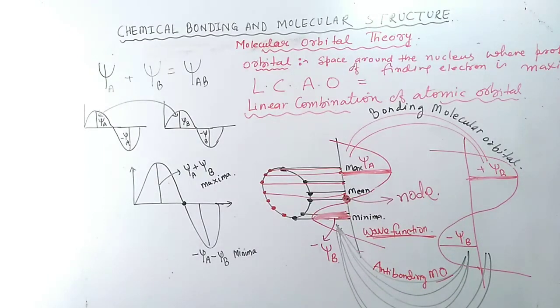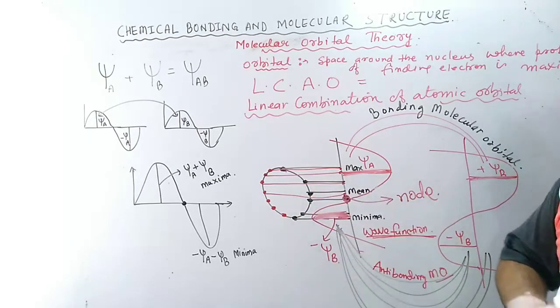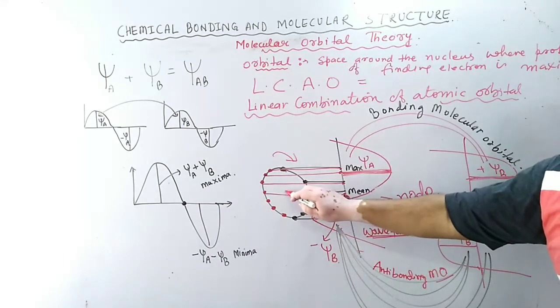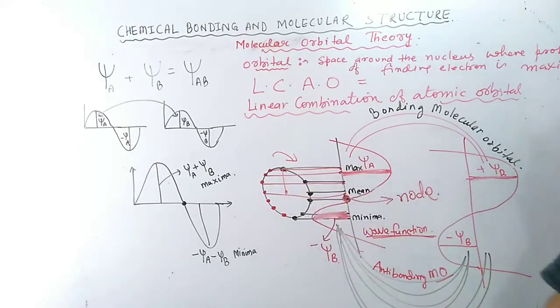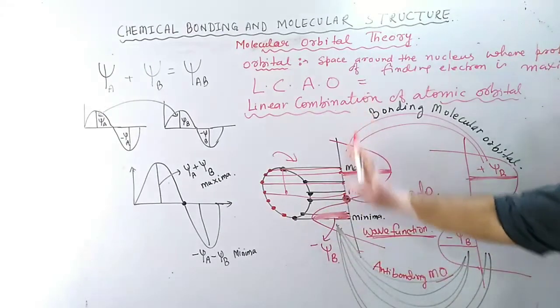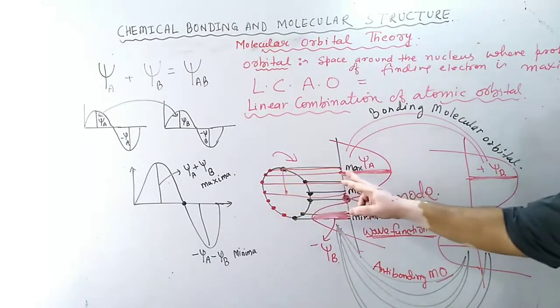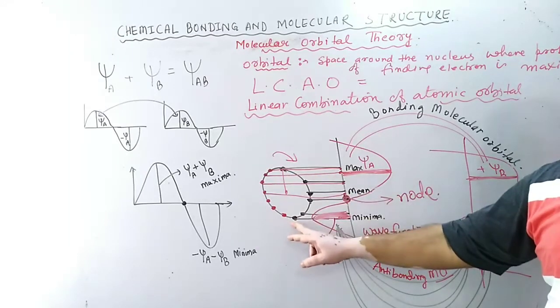So how can the electrons be represented in terms of a probability curve? See here, when the electron is moving in a circular path, consider that it is a stone which is moving, and if you keep a torchlight over here and a screen over here, then what will happen? When this stone will be here, its maxima will be here. When this stone will be here, its maxima will be here.